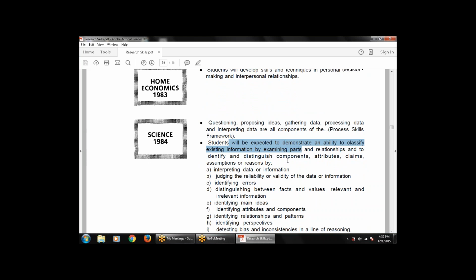That is a part of the science also, to identify the distinguishing components, attributes, claims, assumptions, or reasons by interpreting the data or information, judging the reliability or validity of the data, identifying the errors, differentiating between fact and value, relevant and irrelevant information, identifying the main ideas, the attributes and components, and the relationships and patterns. So these are the categories of the science 1984.